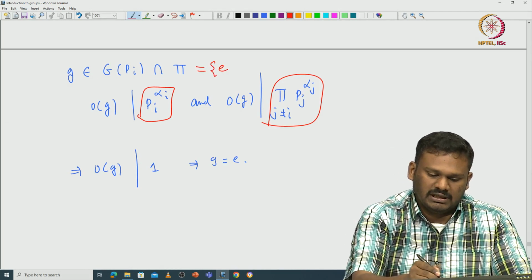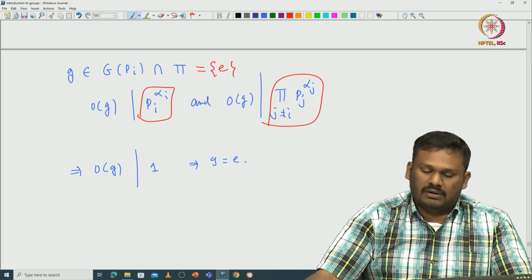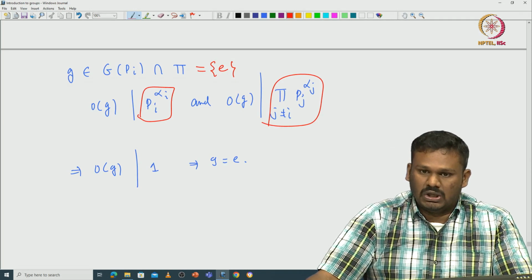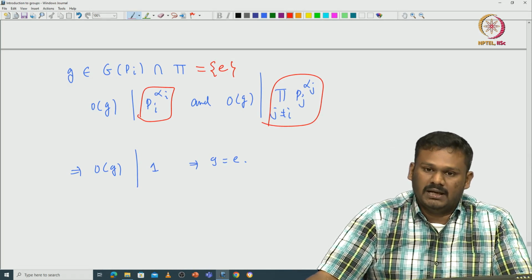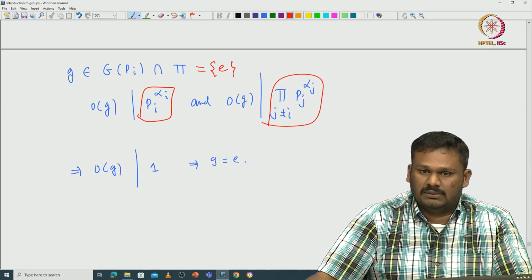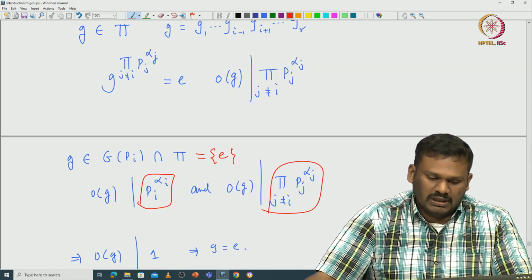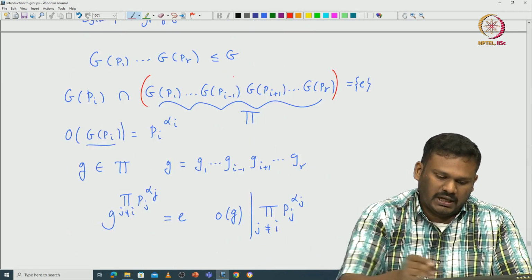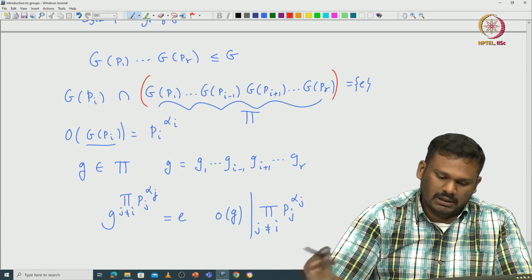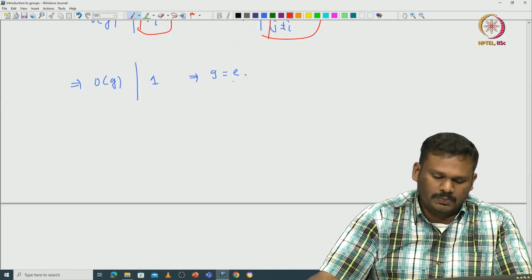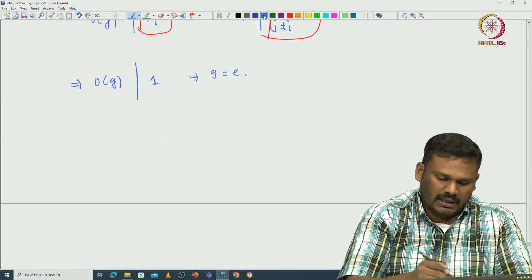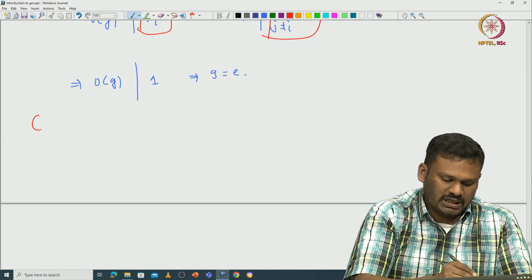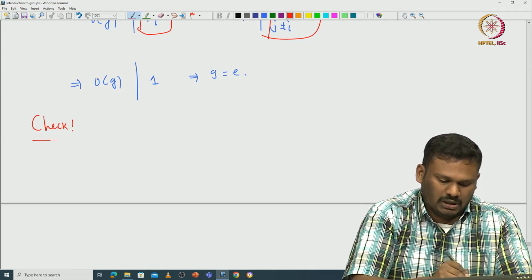That means the intersection between the product of GPj, j not equal to i, and GPi must be trivial. So, that shows that if you take the product of all these groups, this is something I will leave it to you to check. This is not very hard to check.